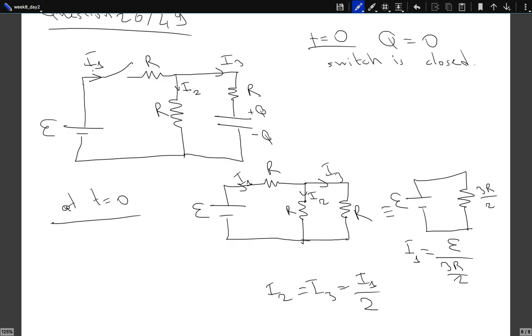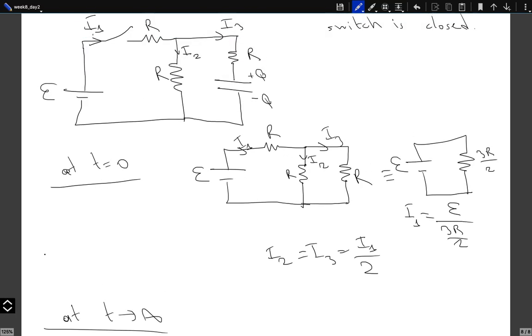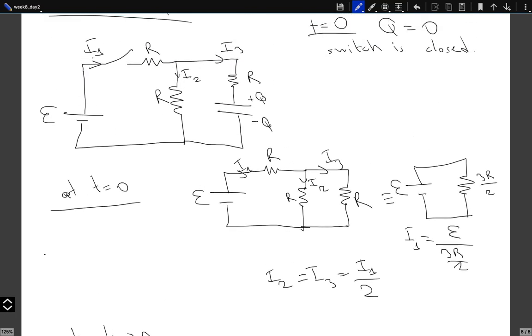When the capacitor is not charged, when it's neutral, since it cannot create any potential difference, it is as if it is not there. This is what happens at t equal to 0. Now let's look at what happens as t goes to infinity. So we wait for a long time. I3 is non-zero, so it will start charging the capacitor.